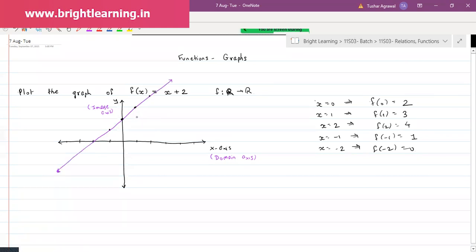Actually, a true student of mathematics should ask me this question. I think I've already said this in your class. When you join x equal to 0 and x equal to 1, actually you should plot all the images in between also. For x equal to 0.1, the image will be somewhere over here. For x equal to 0.2, the image will be somewhere over here. For x equal to 0.3, somewhere over here.